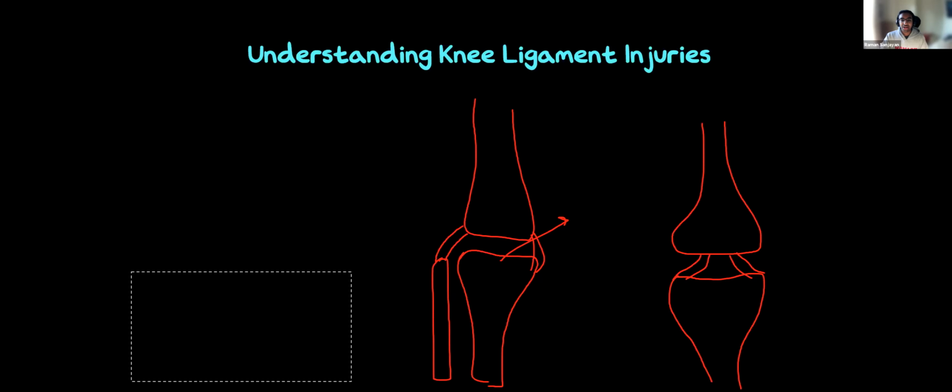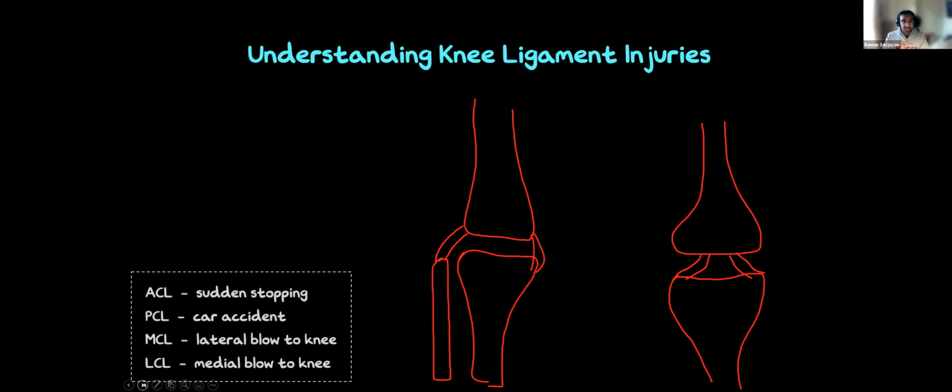So basically a lateral blow to the leg would damage your MCL, I believe. Similarly, to break your posterior ligament, you have to move your leg too far backwards. These are a couple of examples that might be useful to remember. These are not the only causes, but it's good to have an understanding of what generally can damage the ligament.